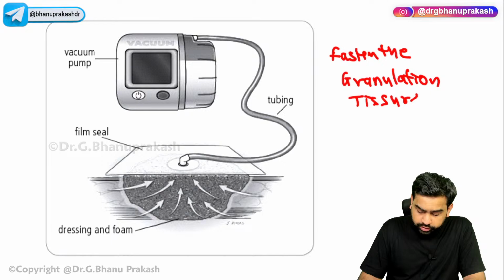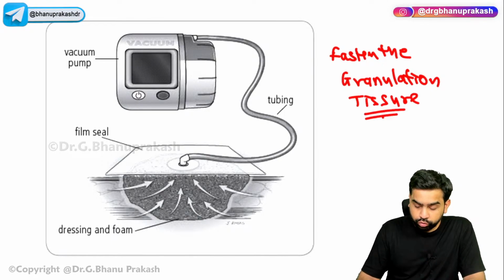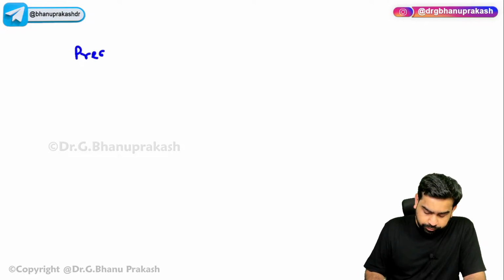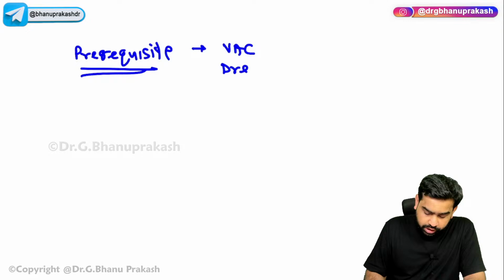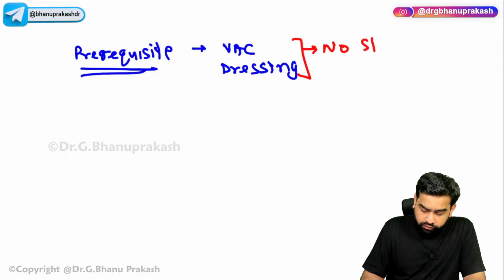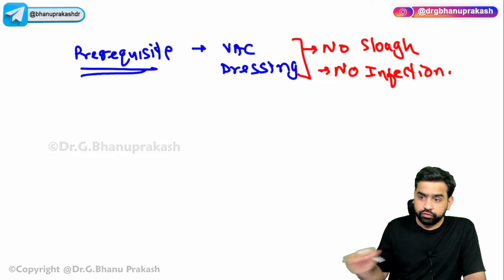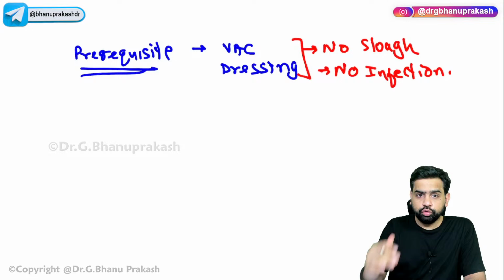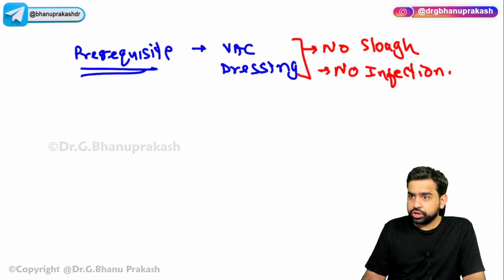If I ask you what the prerequisite is for performing the vacuum assisted closure: there should be no slough and no infection at the base of the wound before you perform it. This is the primary thing you need to understand in vacuum assisted closure.